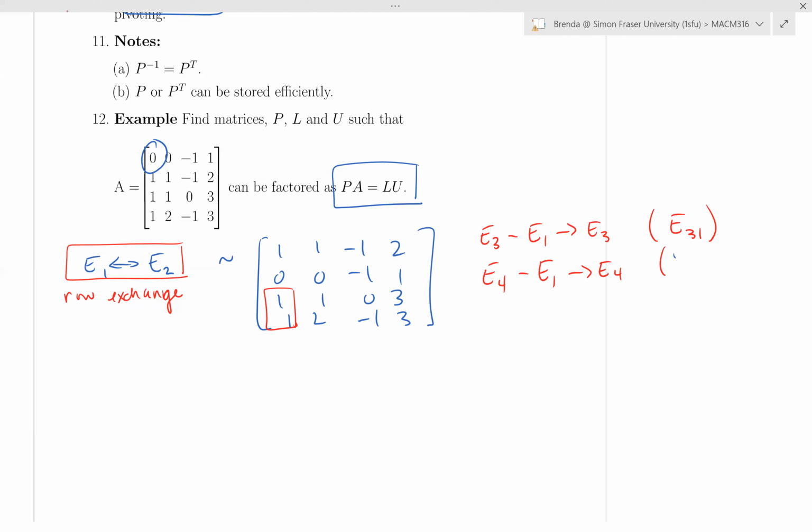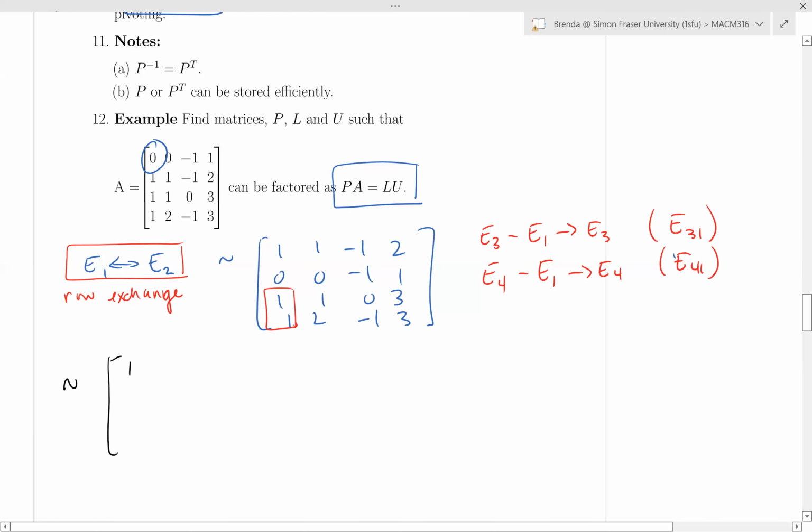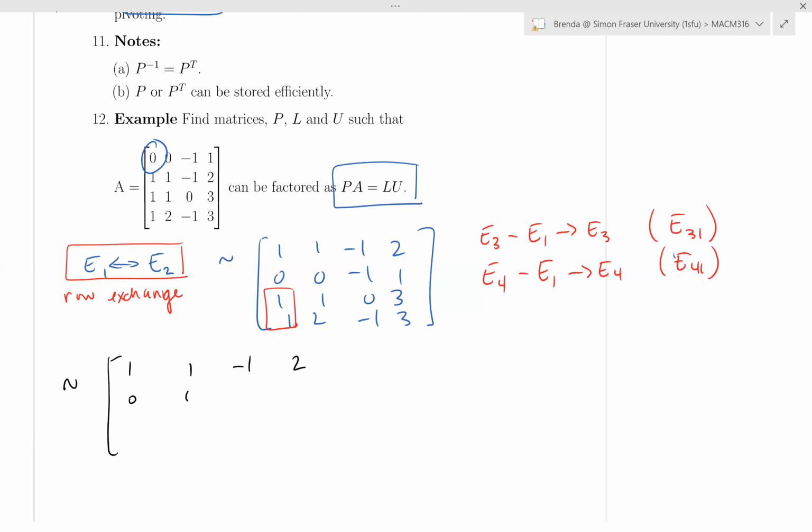That's going to be elementary matrix E4. Okay. I have now completed the first column of the Gaussian elimination. All of these guys are 0.